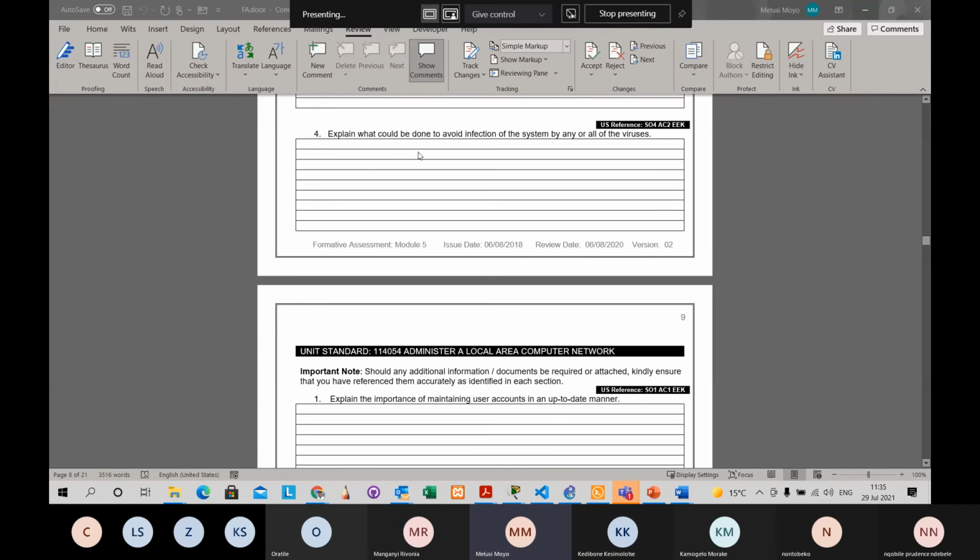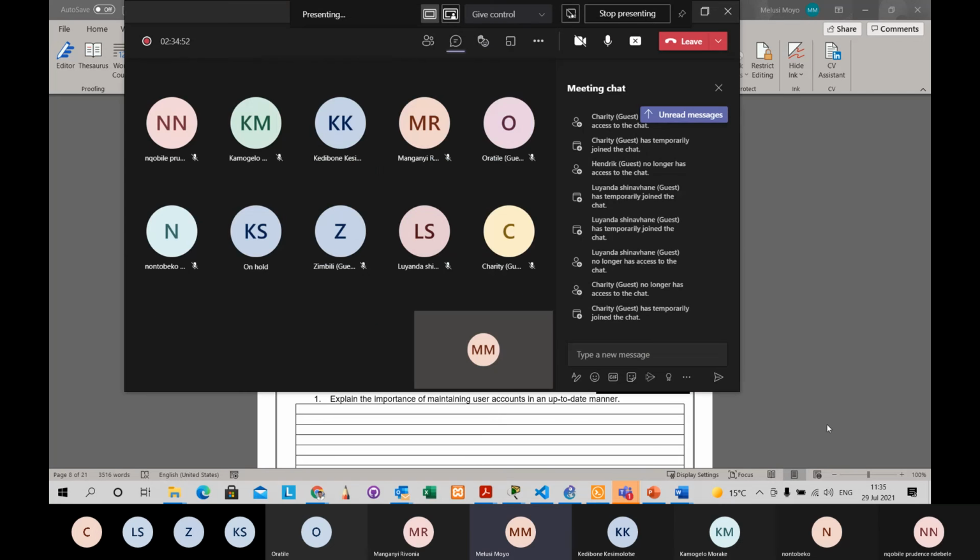Explain what could be done to avoid infection of the system by any or all of the viruses mentioned above. How can we prevent the virus affecting our machines? Zimbili.